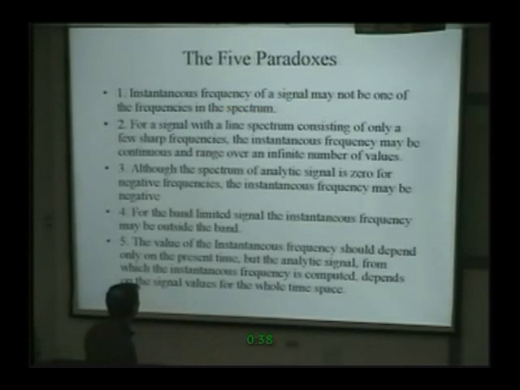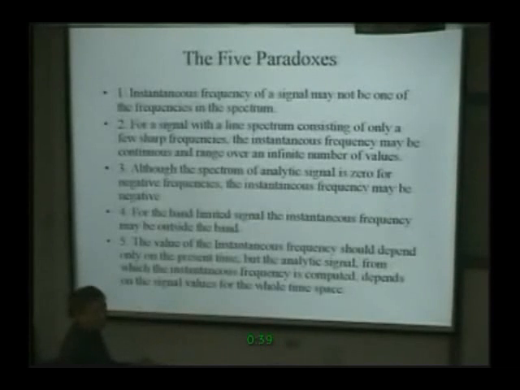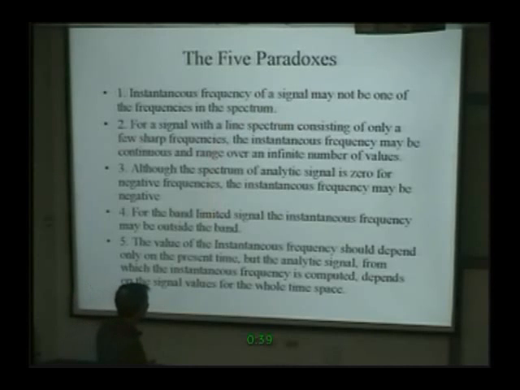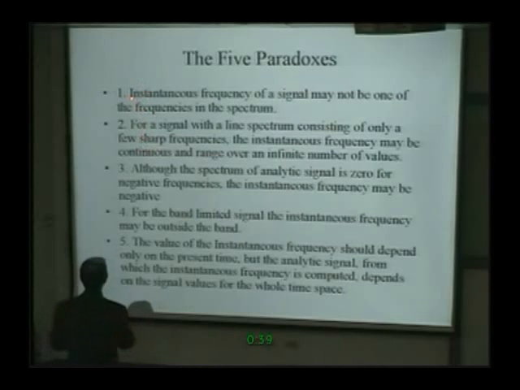If my band has a limit and the frequency is not in the band, it's not one of the frequencies. So these are genuinely identical things. But I think when you write a book, you may want to make the book a little bit thicker, perhaps so you repeat this, but it's identical. So 1, 2, 4 are similar. 3 is a different issue.